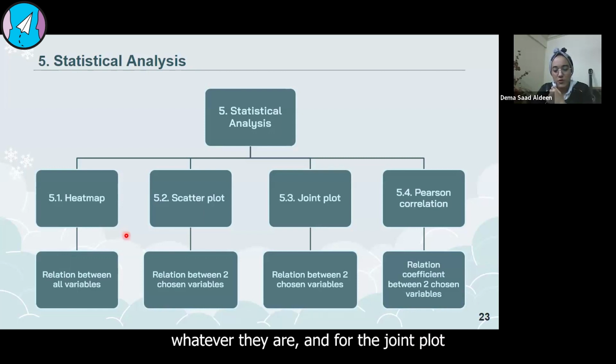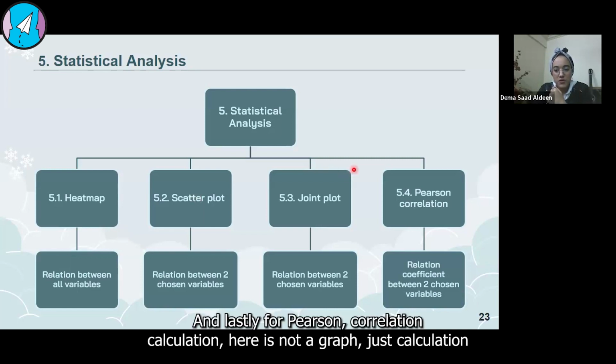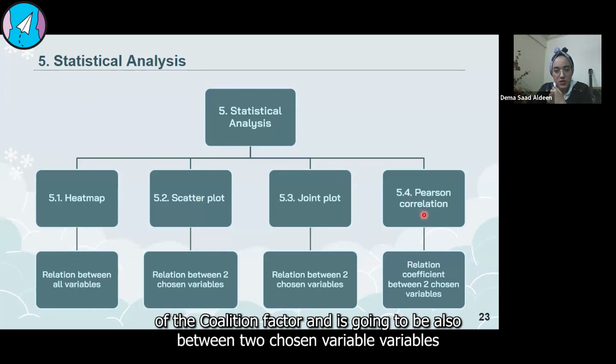And for the joint plot, I'm going to find the relation between two chosen variables also. And lastly, for Pearson correlation calculation, here is not a graph, just calculation of the correlation factor, and it's going to be also between two chosen variables.